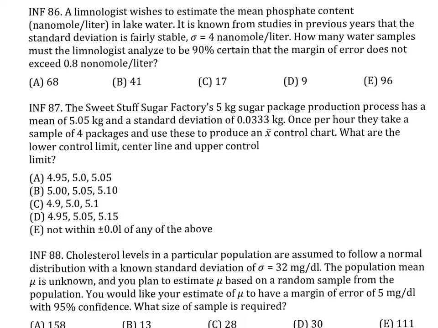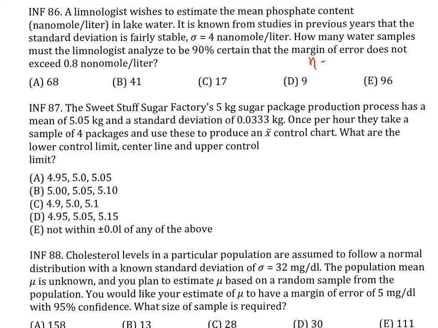In problem 86, we want to calculate the sample size required for a 90% confidence interval with margin of error of no more than 0.8. Okay, so we put all the elements together in our formula for the sample size estimation.